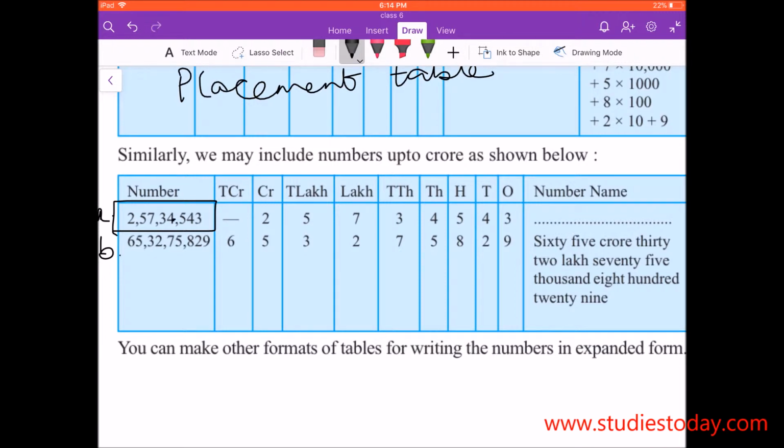So the first comma is after 4, and then the second comma is after 7, and you count from the ones place. So the 3 is under the ones place, then tens, then hundreds, and so on. So likewise, these numbers are being put here as ones.